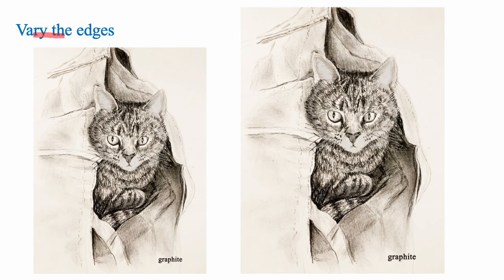You need to vary your edges in a painting, so let's see if I did that with Maddie the cat. First, start by blurring your vision. Which edges do you see? I see the hardest edges that separate the white bag from the dark cat, so we mainly see that due to value contrasts. Then there are fairly hard edges, like these seams.